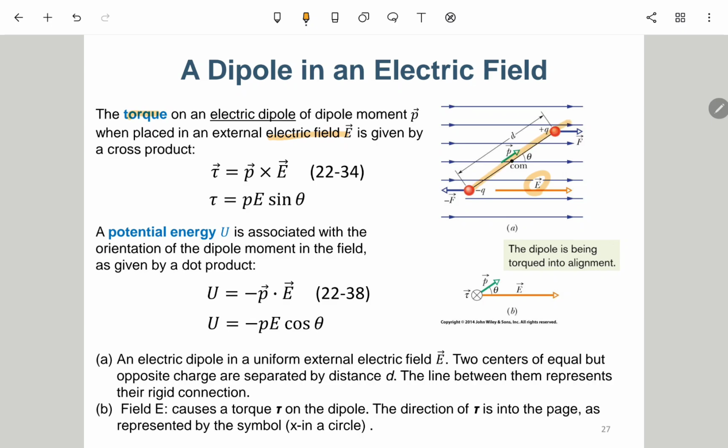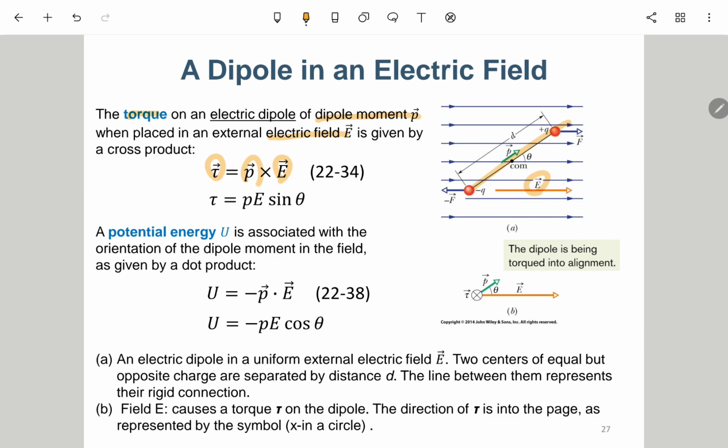somewhere, not actually parallel to the E field. Then there will be a torque. This is tau, also a Greek letter. P is the electric dipole moment, and tau equals P cross E. So this is the cross product.